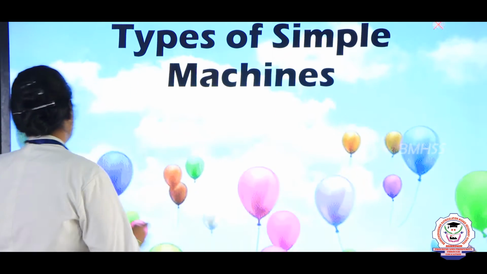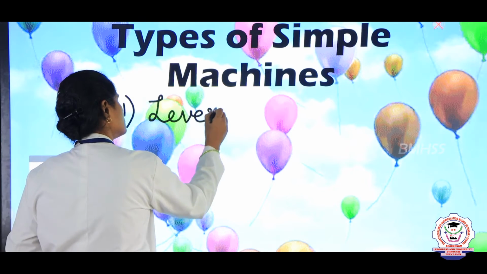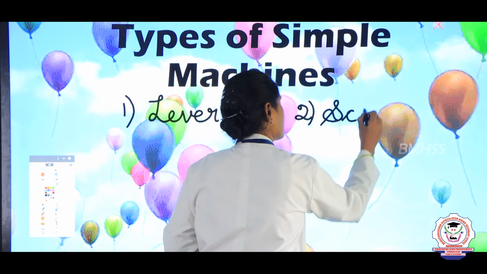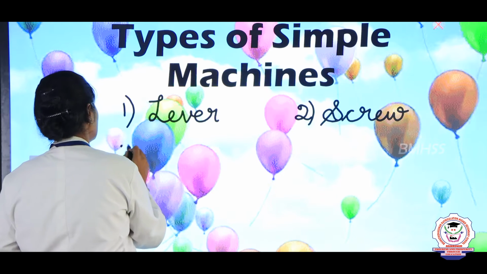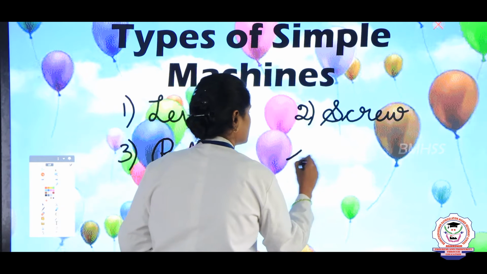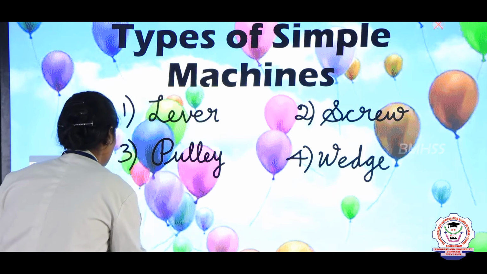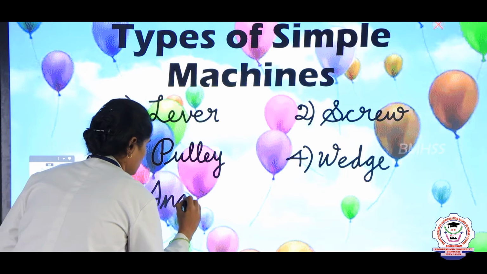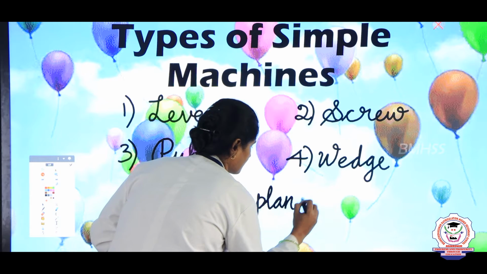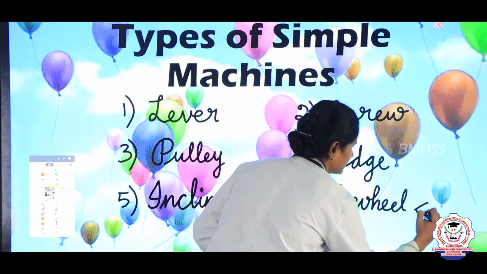The first one is lever, the second one is screw, the third one is pulley, the fourth one is wedge, the fifth one is inclined plane, and the sixth one is wheel and axle.